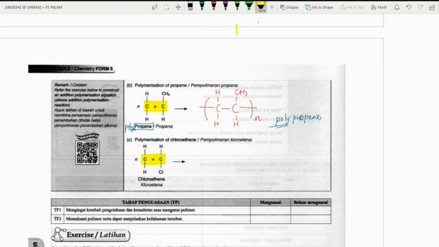Again, we look at this. Then copy only. This one is Cl, right? Then big bracket times N. Now what is this? What is the name?